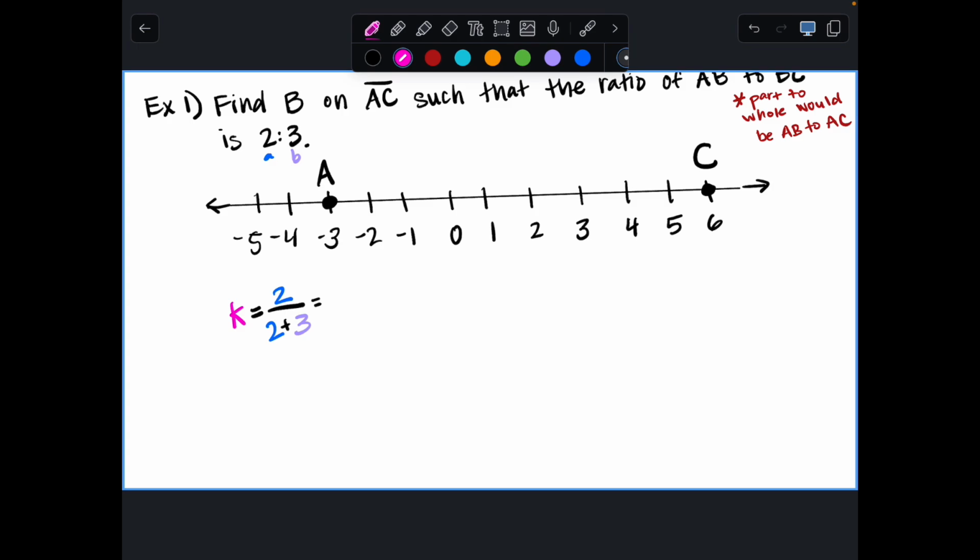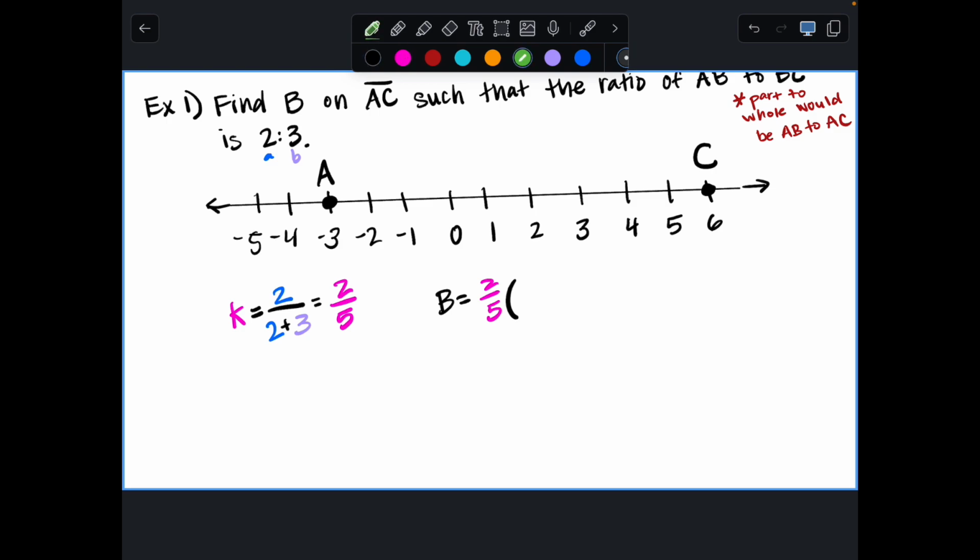So the fraction that we're going to use is 2 over 5. So now we're trying to find point B, and we need to use the formula where we have K, which is 2 over 5.